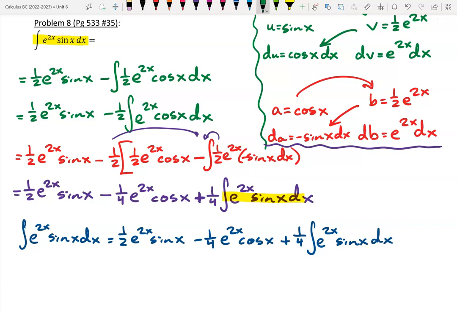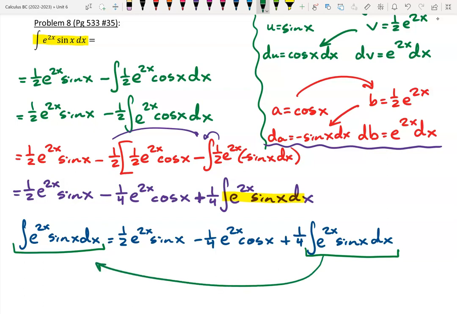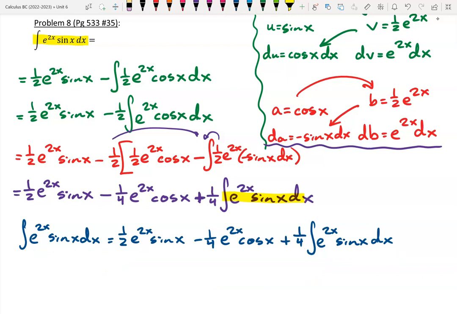And since, as we have noted, this is identical to this, I can actually move it to that side and combine it. So I'm going to subtract this whole 1/4 of this integral to both sides, minus 1/4 e to the 2x sine of x dx.